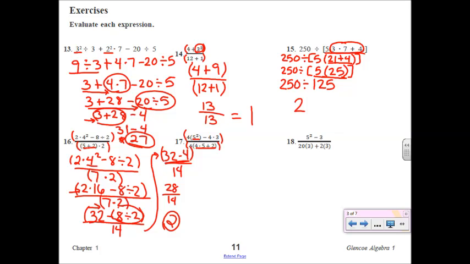So I'm going to have 4 times 5 squared is 25, minus 4 times 3. And then on the bottom, the first order of operations in that set of parentheses is 4 times 5. So I have 4, and 4 times 5 is 20, plus 2.